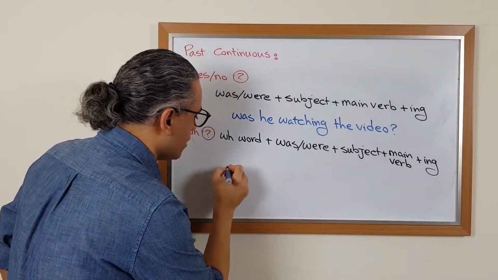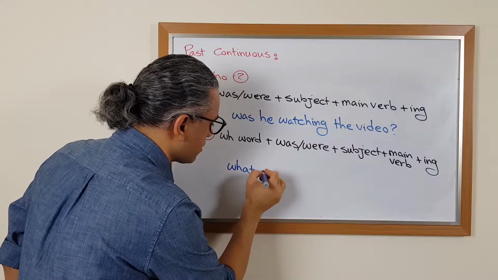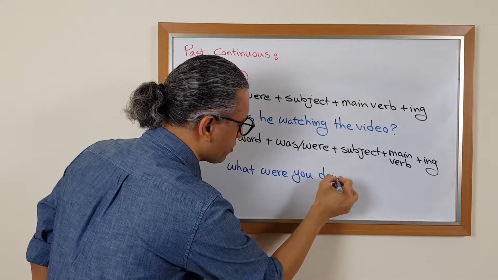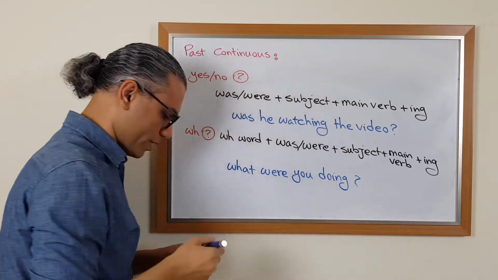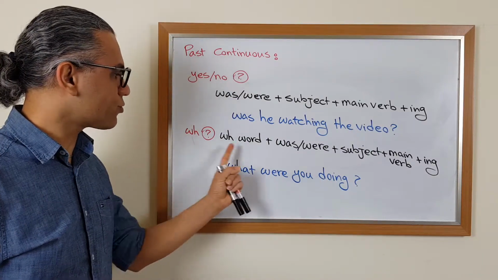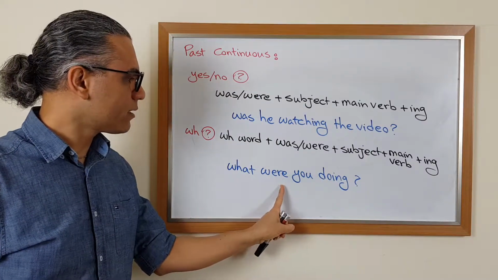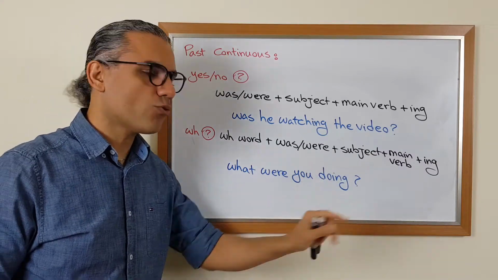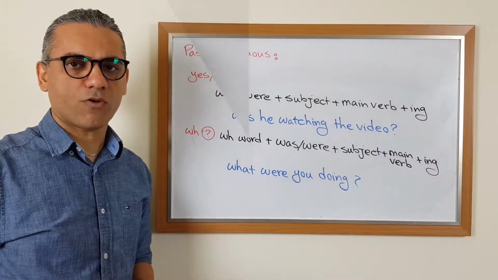Again, what were you doing? What is your WH word, were your auxiliary verb, you your subject, and doing your main verb, in ing form.